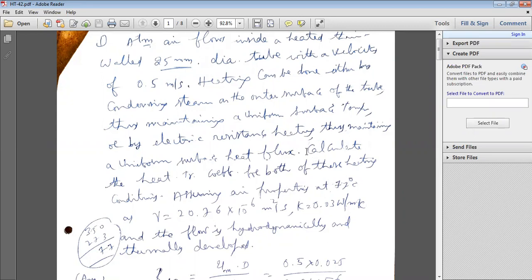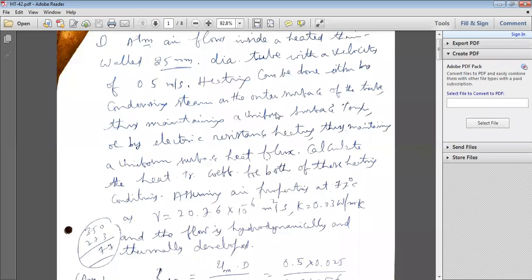Heat transfer rate per unit area is known as heat flux. So if you want to maintain a constant or uniform surface heat flux on the surface of the tube, you can use an electrical resistance heater.